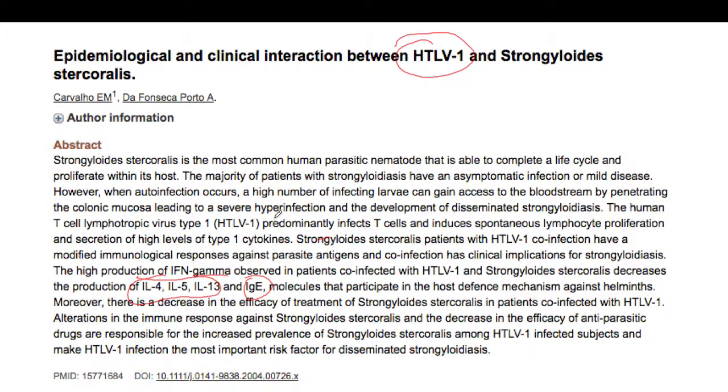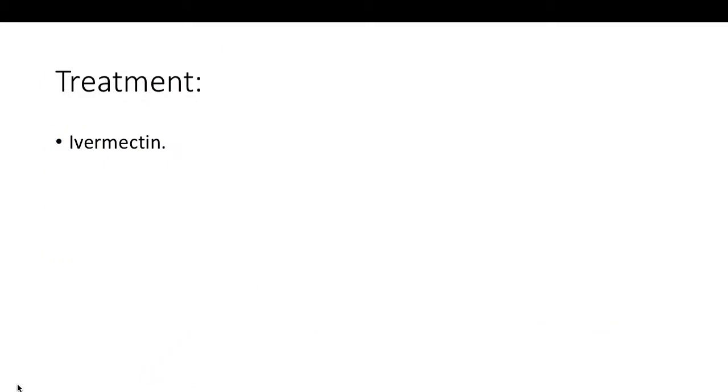Okay, patients that develop hyperinfection tend to have some complications, and some of them are sepsis with gram-negative organisms.